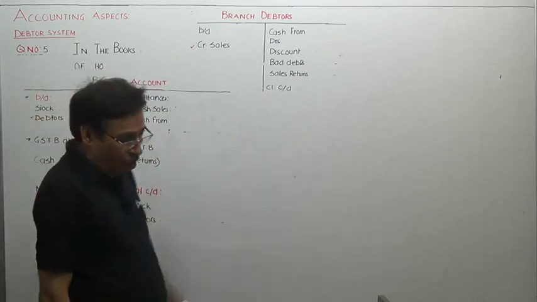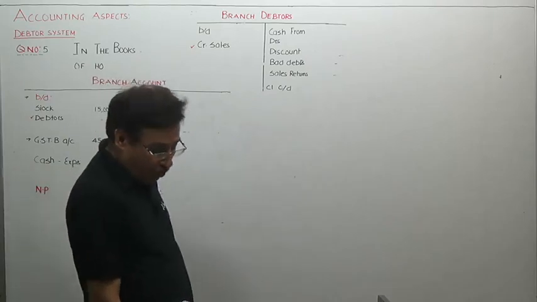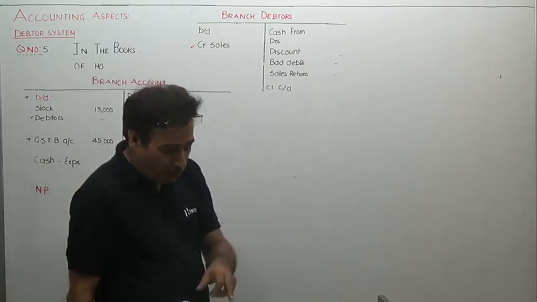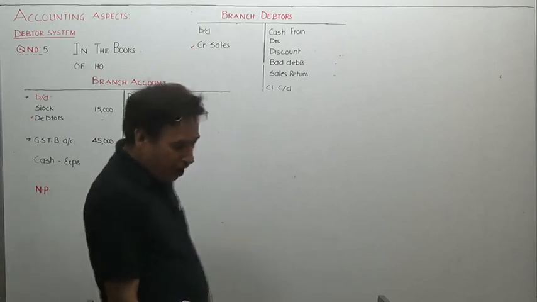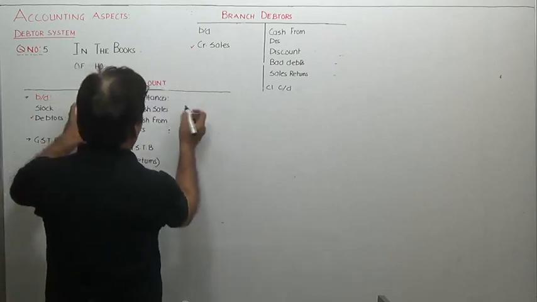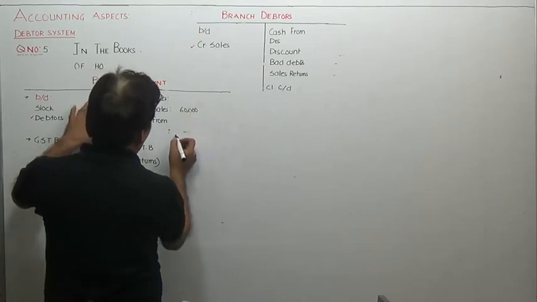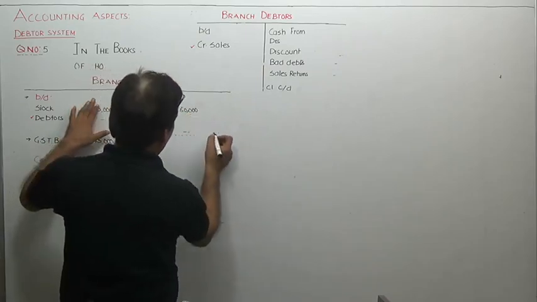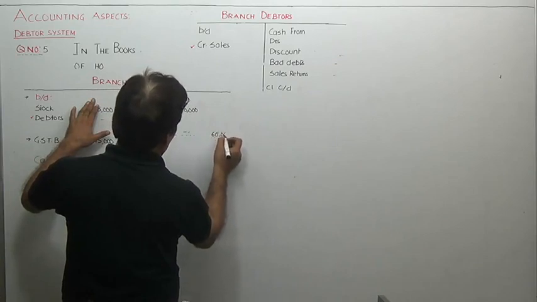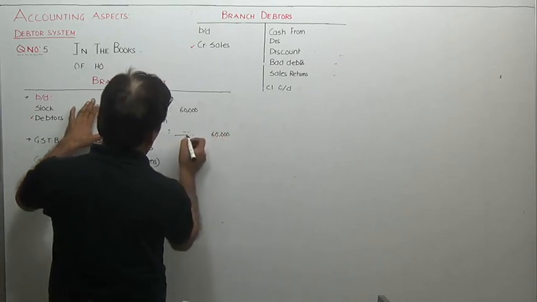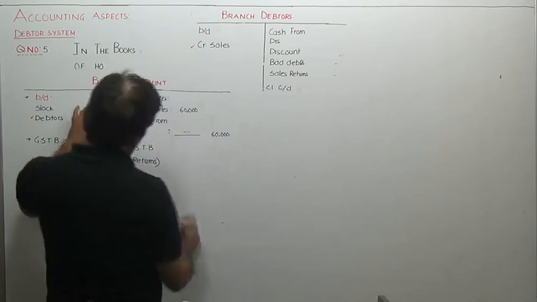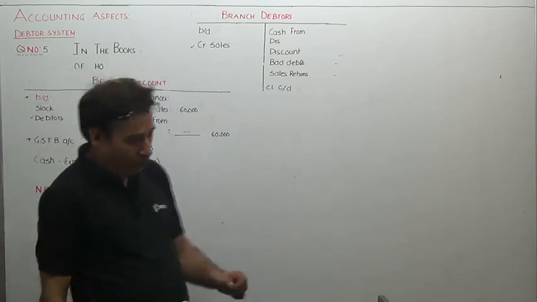So the figure of sales which is given to us, 60,000, is cash sales. There are no cash receipts from debtors in this question, so 60,000 will be the amount of remittances.